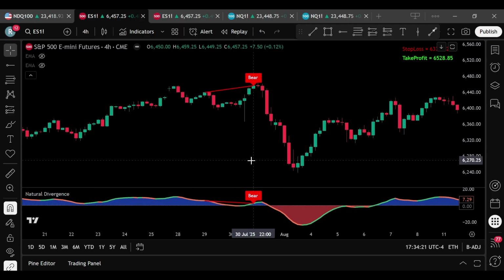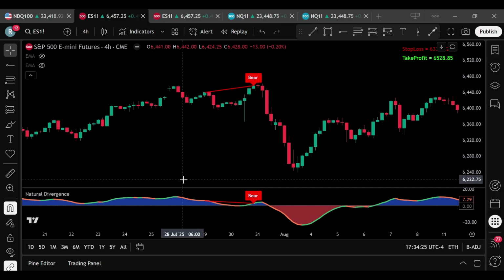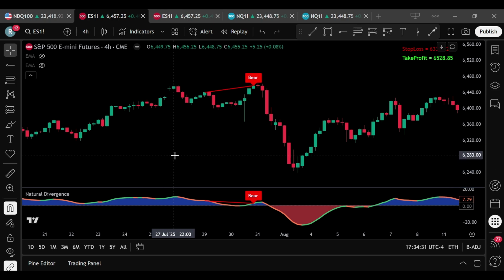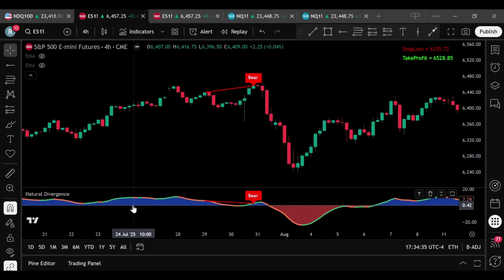What's great about the natural momentum indicator in general is that, as the name suggests, it shows you where momentum is heading in the market. We have the zero line separating the blue and the red shaded areas, but also the extra confluence of picking up smaller momentum changes with this green and red line.